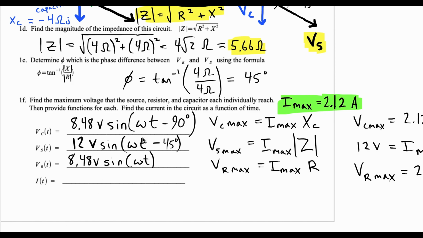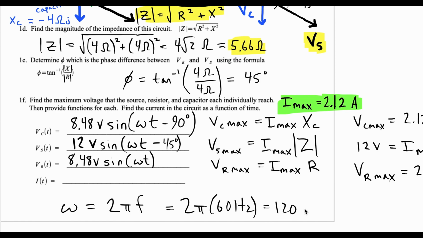The last thing to do is to just figure out what the omega is for this circuit. We always have that omega is 2 pi f. So that's going to be 2 pi times 60 hertz, which is 120 pi radians per second. So I'm going to plug that value in. I'm also going to change my angles to radians.